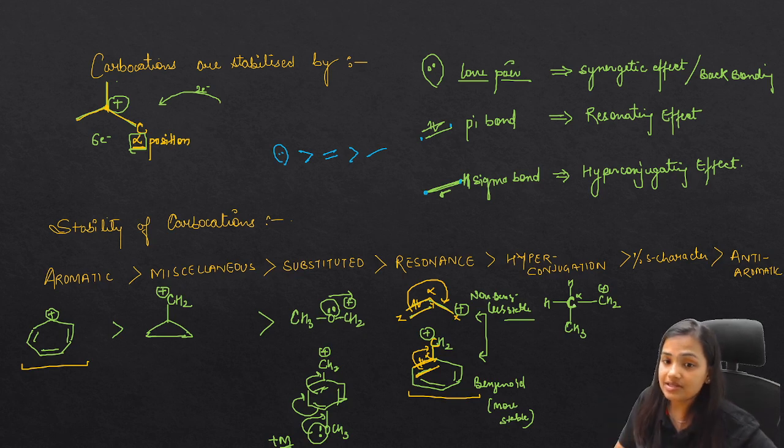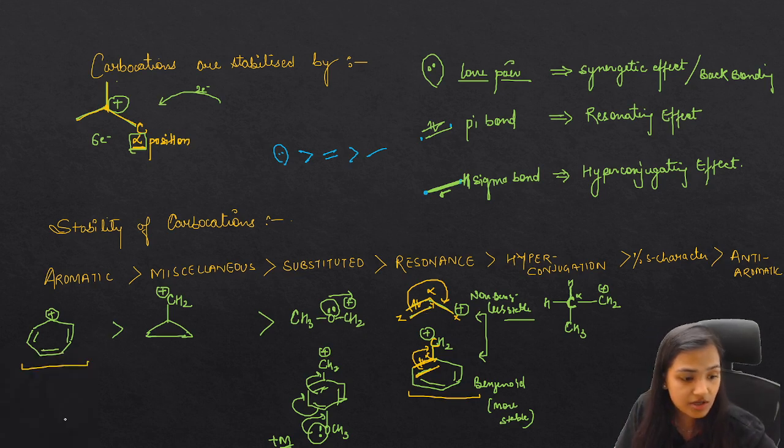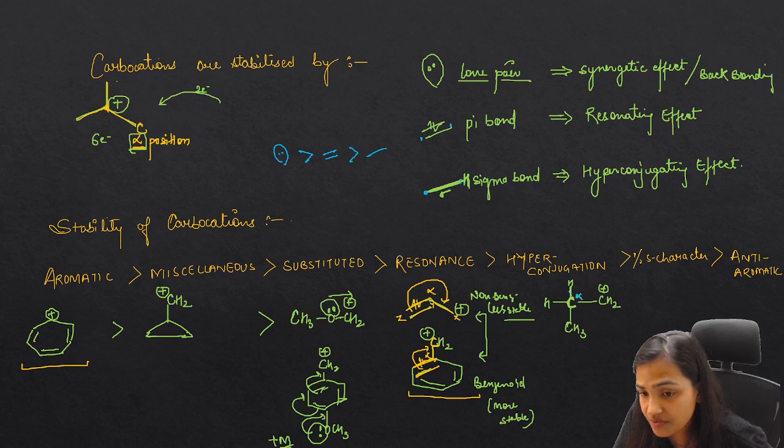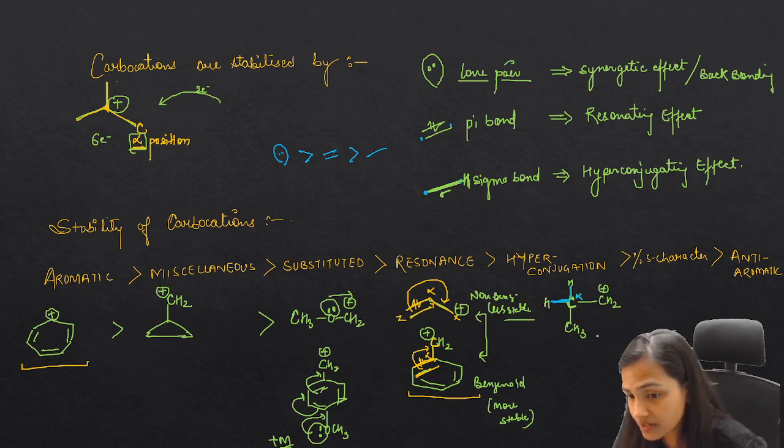What is there? There is a sigma bonded hydrogen atom. How many alpha hydrogens? Look at the alpha position only, no other position will work. Here there are only 2 alpha hydrogens. These 2 alpha hydrogens will be responsible to stabilize this carbocation. The reason is hyperconjugation.